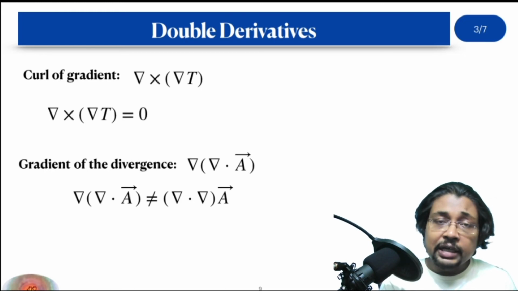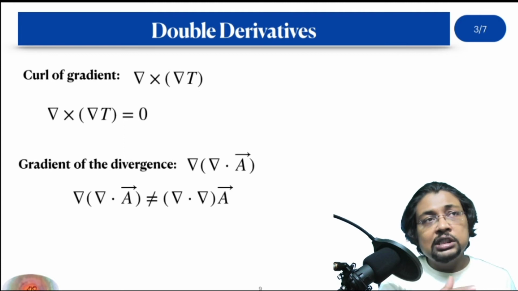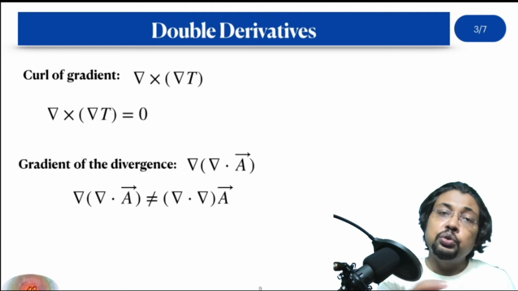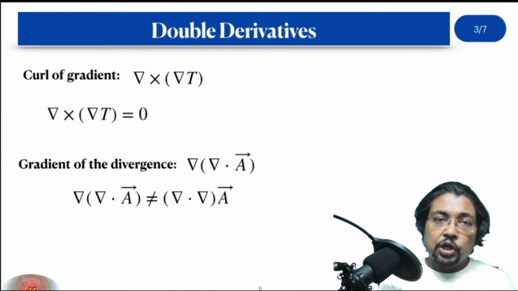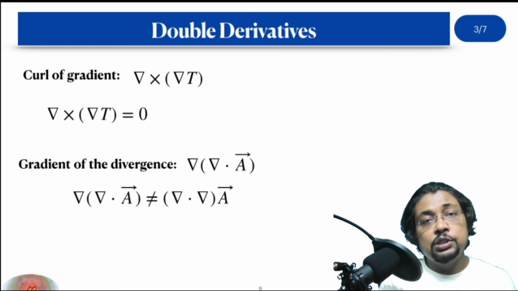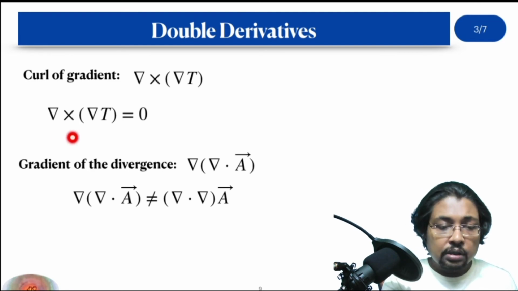If it is rotating, it cannot change gradually, or there cannot be such kind of rate at which it can change gradually from the source. So it cannot happen. If there exists a non-zero gradient, the curl of the vector must be zero because it cannot rotate at all. So that's why it is zero.